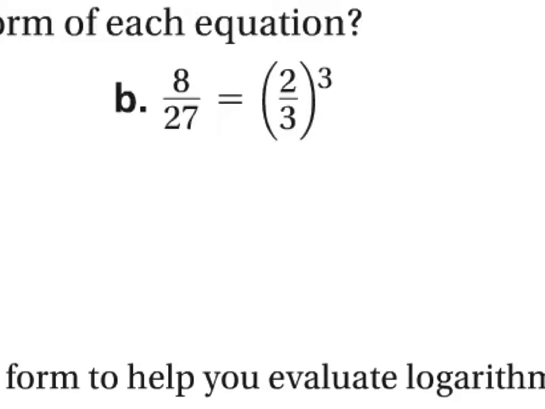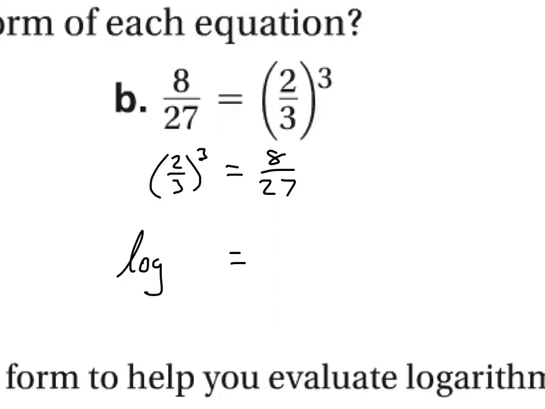All right, part B. Part B looks confusing because there's fractions involved. But you know what? Set it up the exact same way. I still want to flip things around just because it keeps things looking consistent for me. So therefore, my log is going to equal 3.